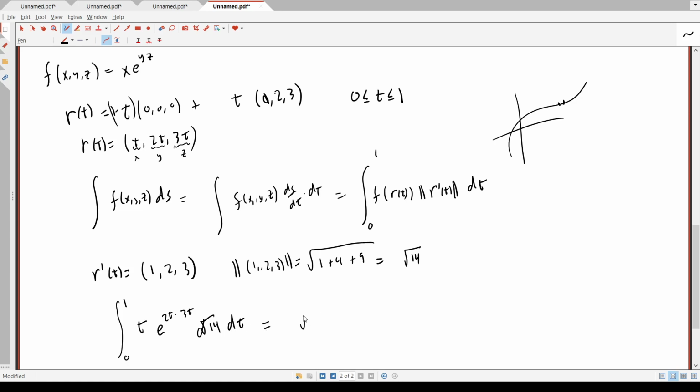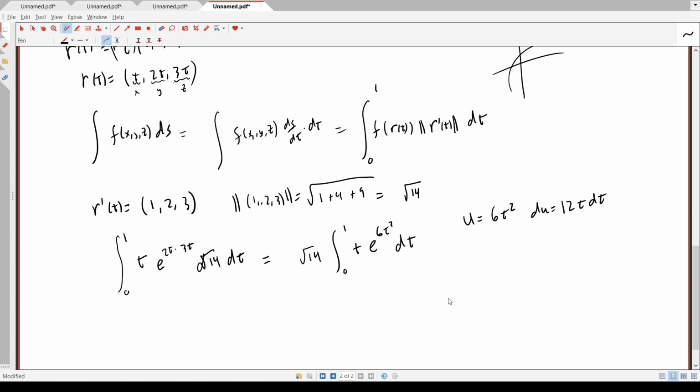I can simplify this. I have the root 14 in front. Integral 0 to 1 t e to the 6t squared dt. Let's do a u sub. u equals 6t squared. du equals 12t dt. Okay, so we plug all this in and we get that this is equal to root 14 integral 0 to 1 e to the u.